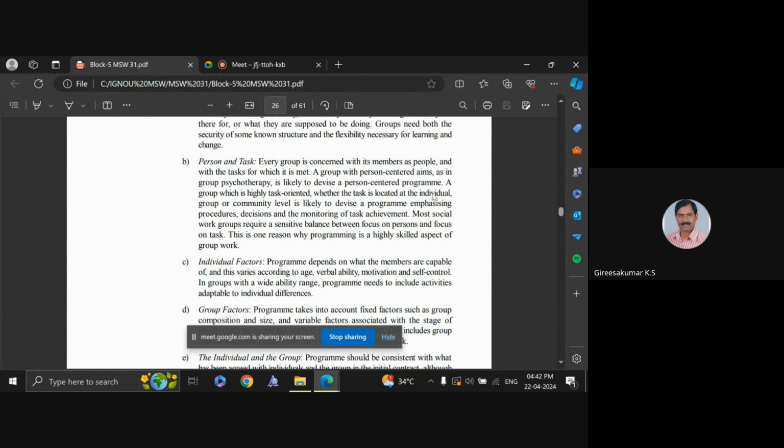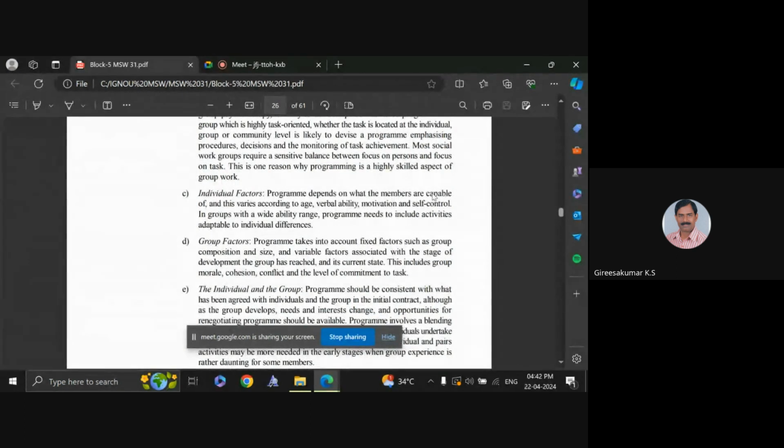Because in a group, there are people with different natures, and so the group must be adaptable. Otherwise, there will be individual differences, and it will not be easy.